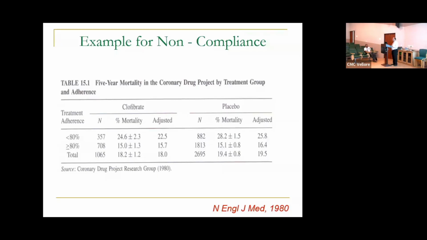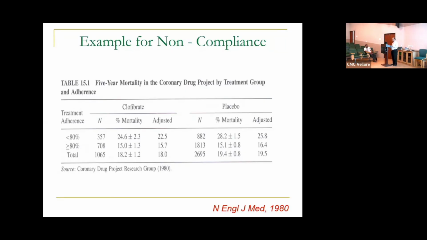The compliance is good and the outcome is good because the compliance is over 80%. But when you look at the non-compliance, this is 24 or 25%. Here it is 28%. So this is poor. This tells us that non-compliants are expected to do poorly as compared to compliant subjects.